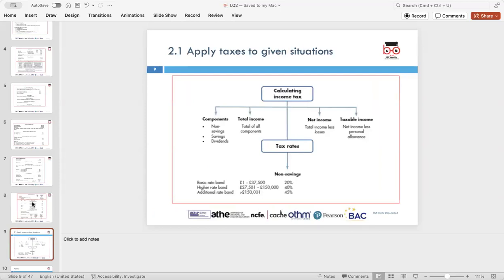Apply taxes to given situations. So here basically we discuss the calculation of income tax, focusing on its components and the tax rates associated with each component. The components of income tax are non-savings, savings, and dividends.